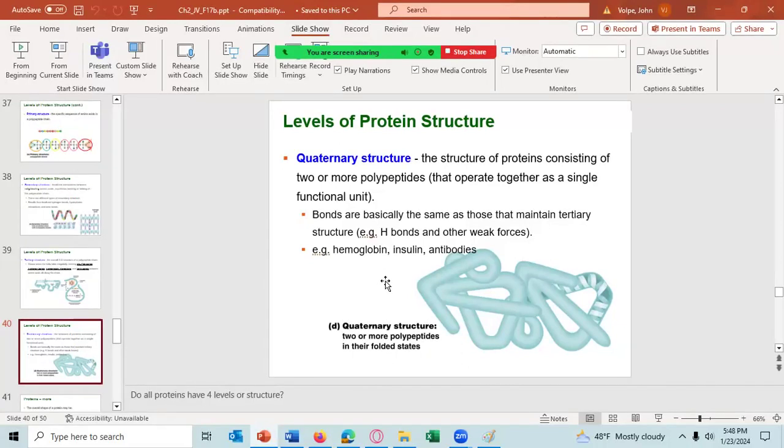It's made up of 4 different polypeptides, 1, 2, 3, 4. These polypeptides come together, and there can be attraction between this amino acid and that amino acid. There can be repulsion between this amino acid and that amino acid. And these different amino acid interactions make up the quaternary structure.